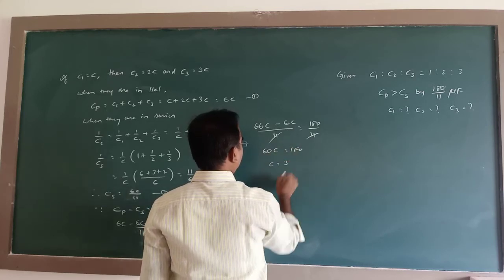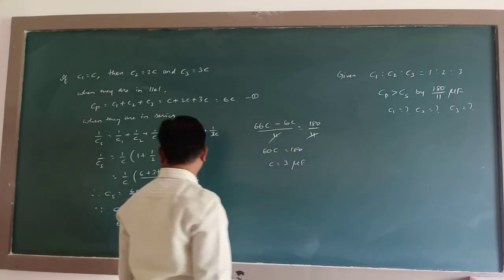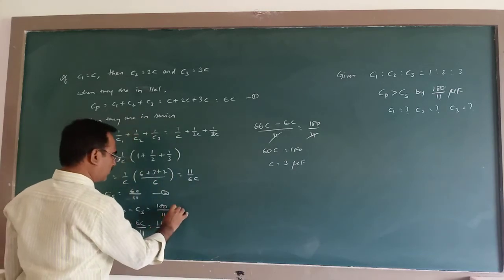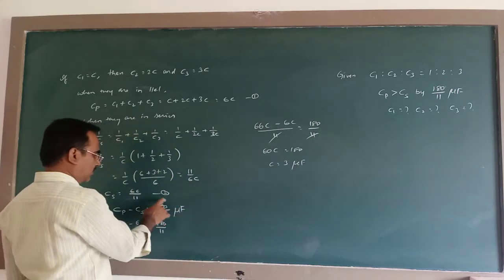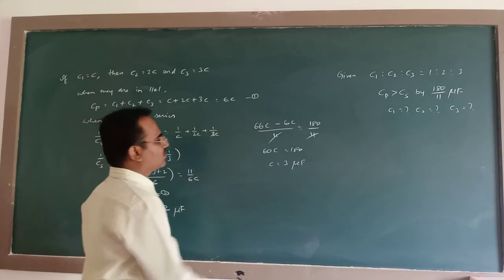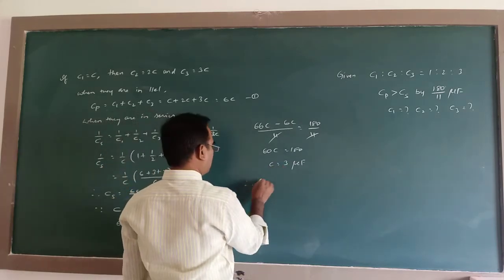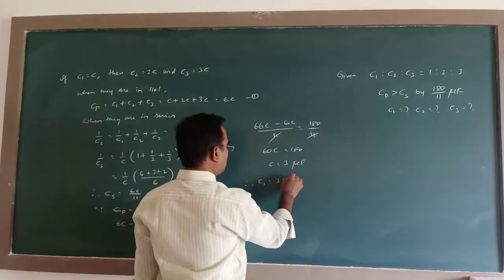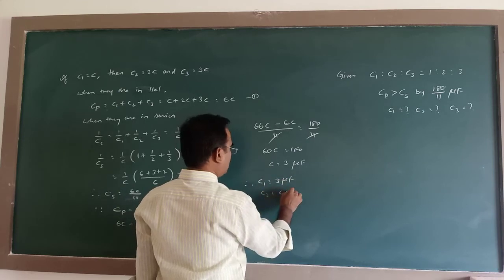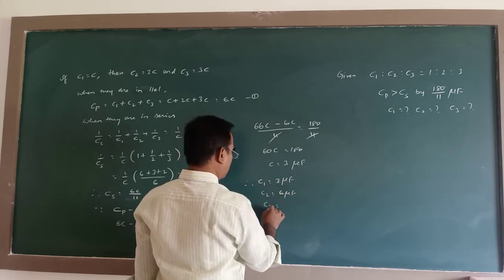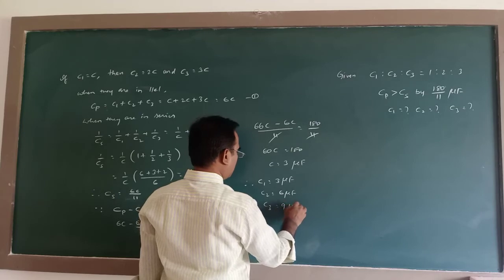C is equal to 3 microfarad, because this is given in microfarad. Therefore C1 is equal to 3 microfarad, C2 is equal to 6 microfarad, C3 is equal to 9 microfarad.